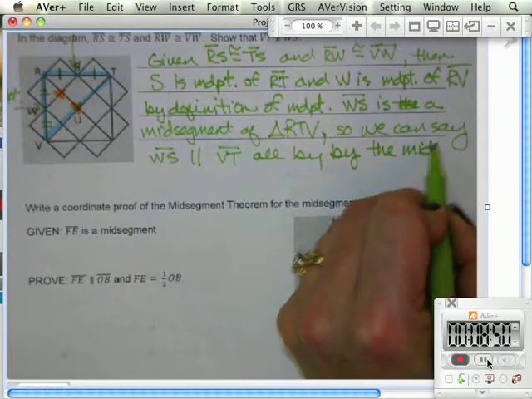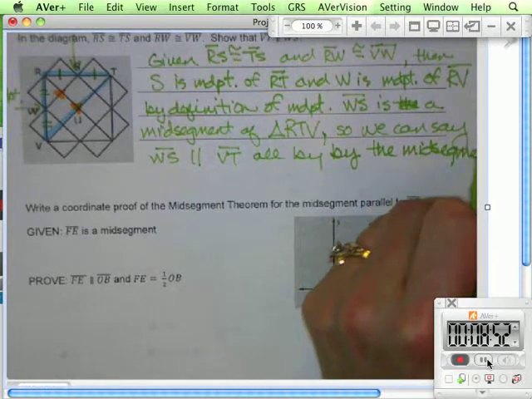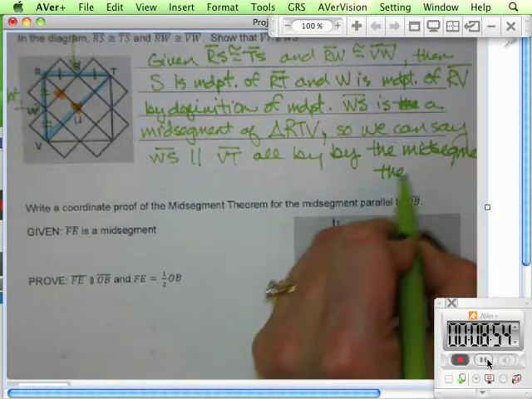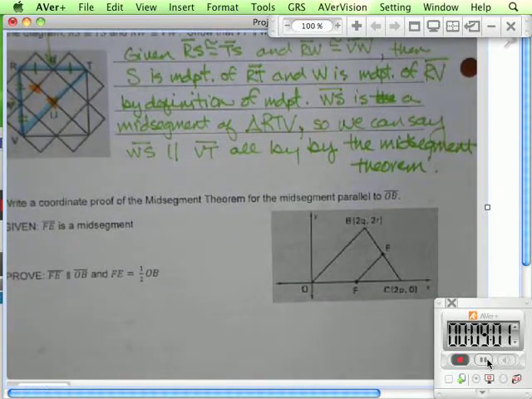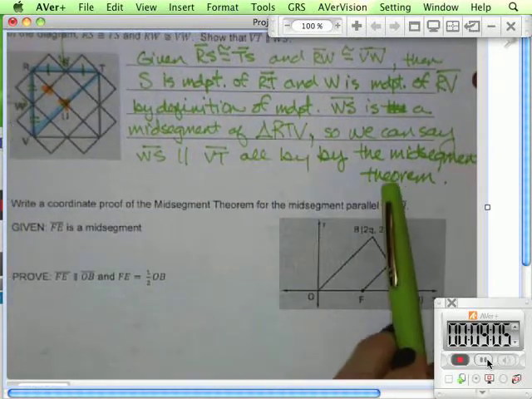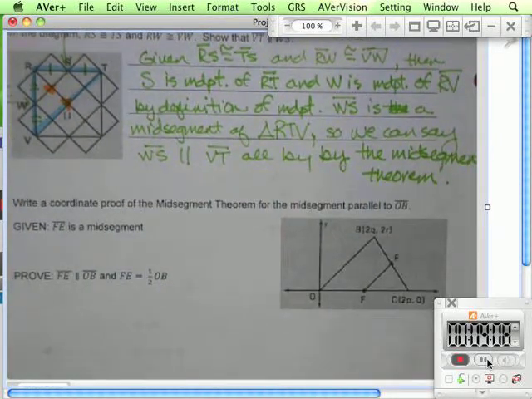Sort of. It's a little bit shaky, but we'll go with it. I can't really say that this is a mid-segment by mid-segment theorem, but forgive me. You get the idea. I should probably say by definition of mid-segment here, and then that. But it's okay. What do you think of that?